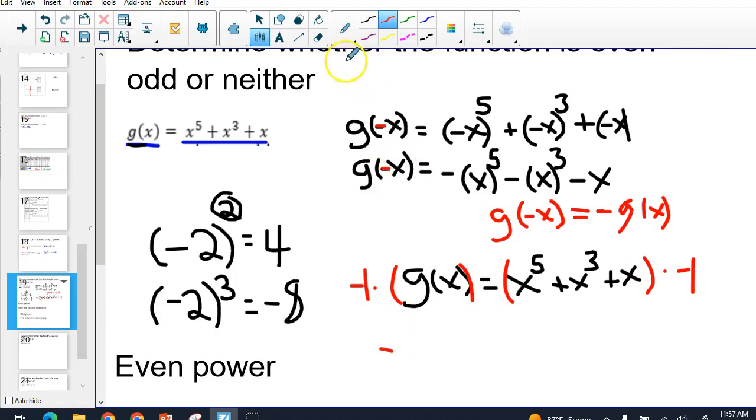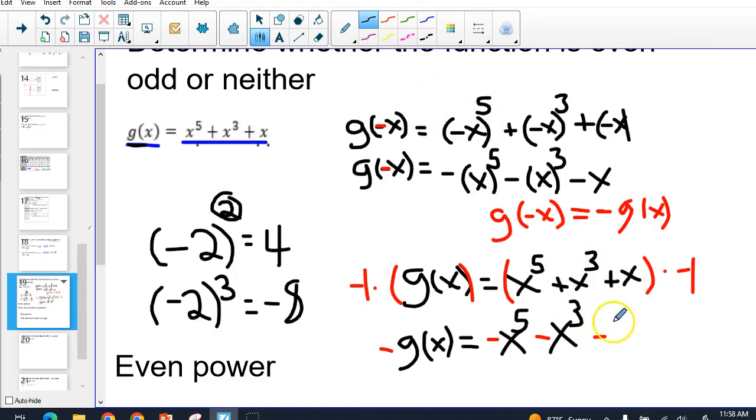So we have negative g of x is equal to -1 times x to the 5th power would be negative x to the 5th power, minus x cubed times -1, so negative x cubed, and x times -1 will give us -x.